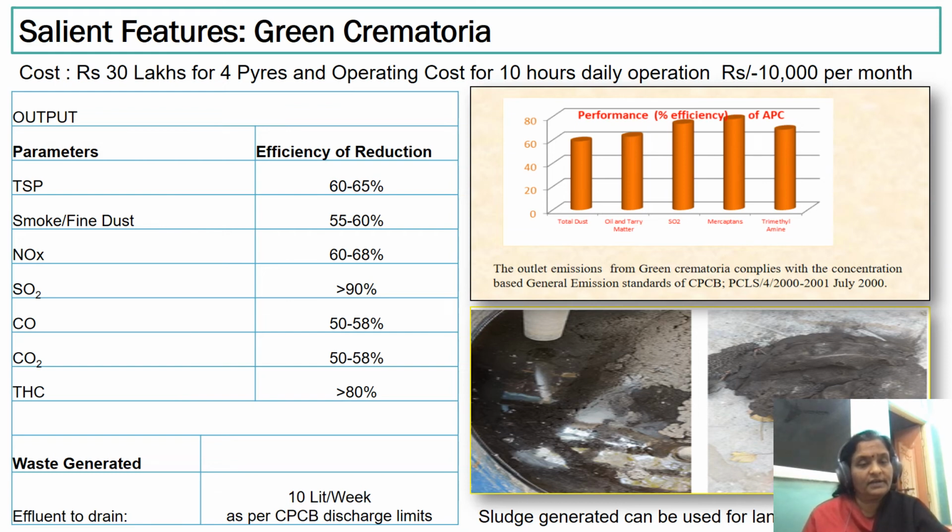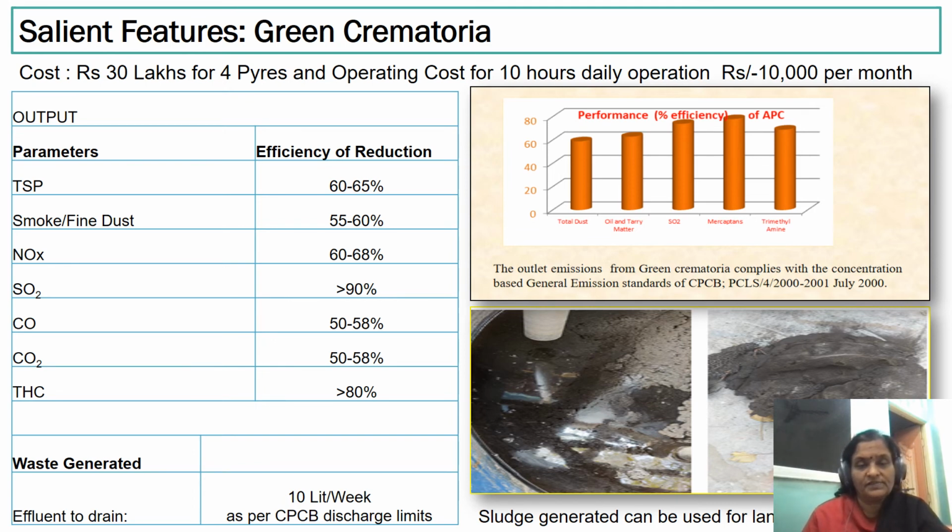The effluent that goes to drain is about 10 liters per week, treated as per the CPCB discharge limit, and can be either reused or discharged. The cost is around 30 lakhs for 4 pyres, and the operating cost for 10 hours daily operation is rupees 10,000 per month, for electricity and water for the system.